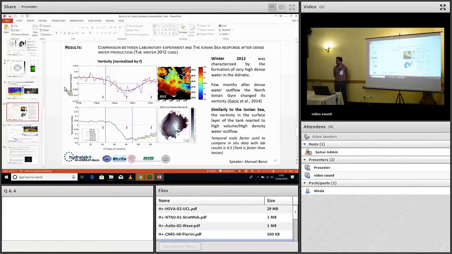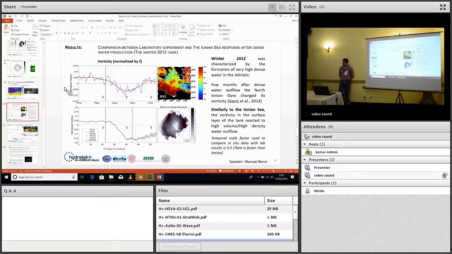More generally, what are the key non-dimensional parameters relevant for the similarity? You have the Rossby number, the Wood number.